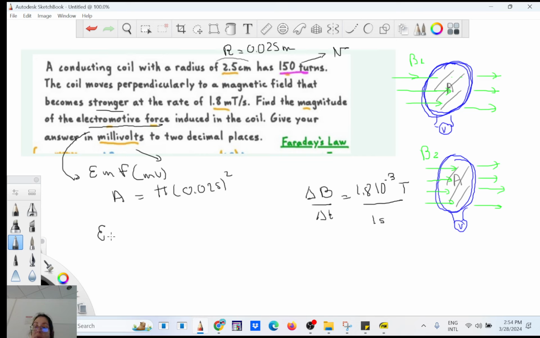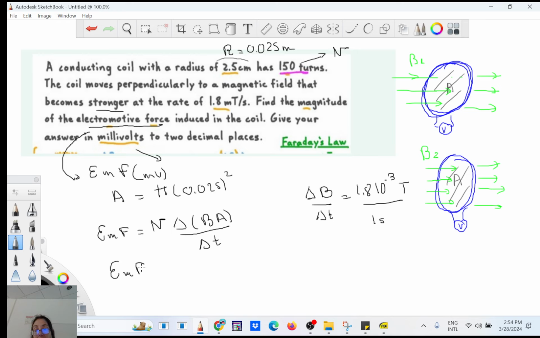Okay, and what's the equation? EMF equals the number of loops, then delta, and then you have B times the area. So I'm going to do it this way. You can do it the other way. That's the equation. And the area is constant, so I can factor out.